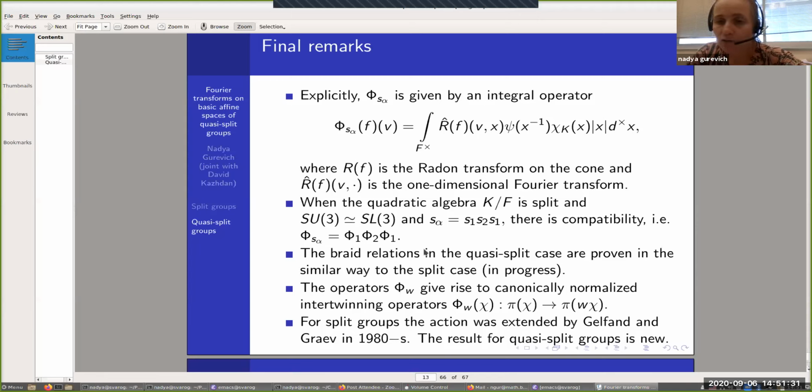A priori, they are defined only up to a constant, and lots of work has been done to define a good normalization of it, but this choice defines them canonically.